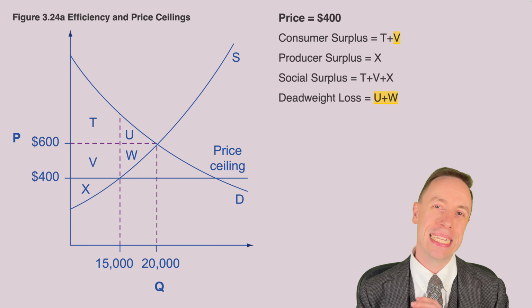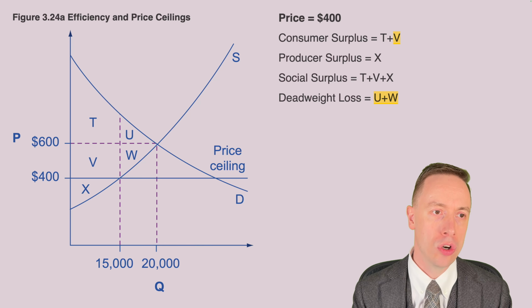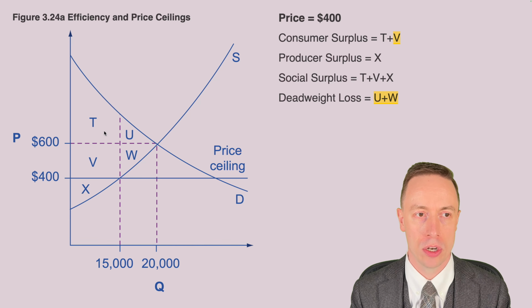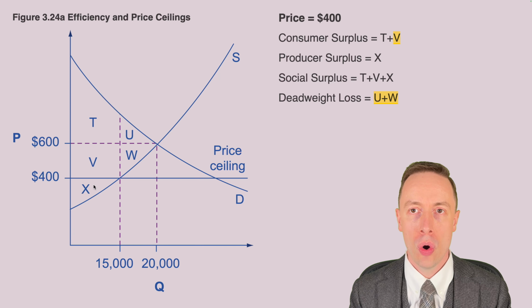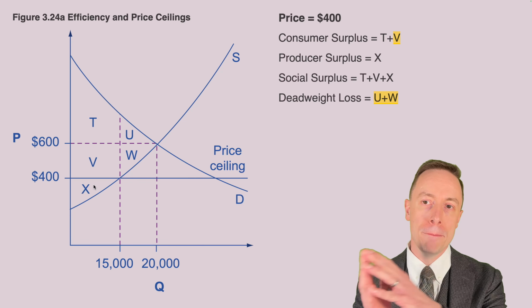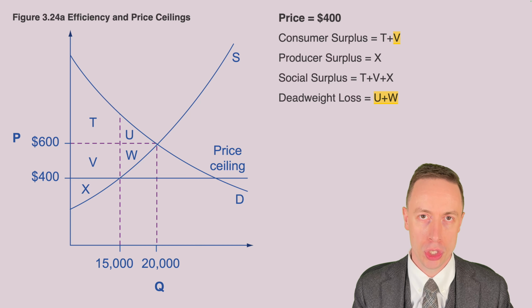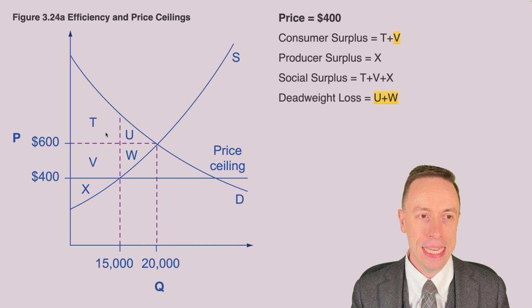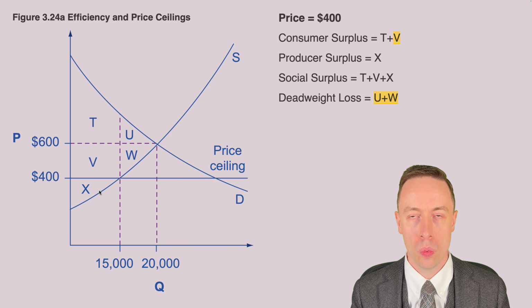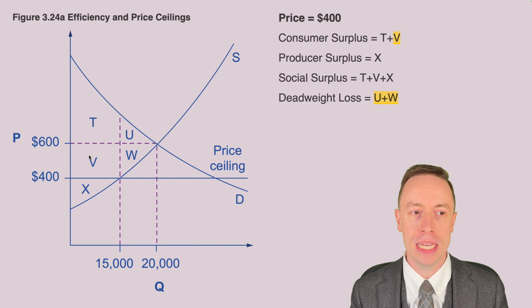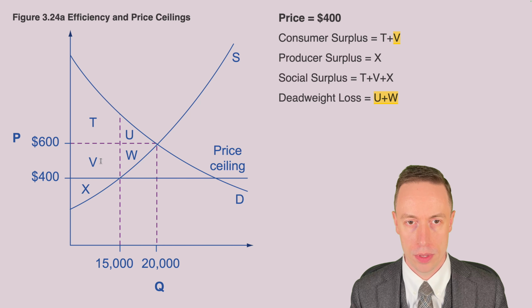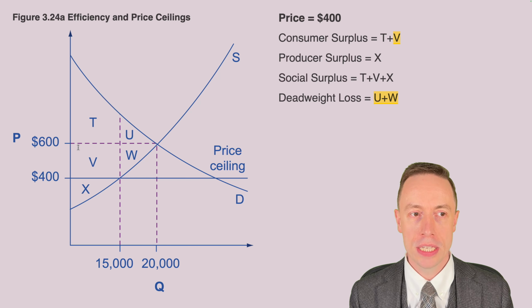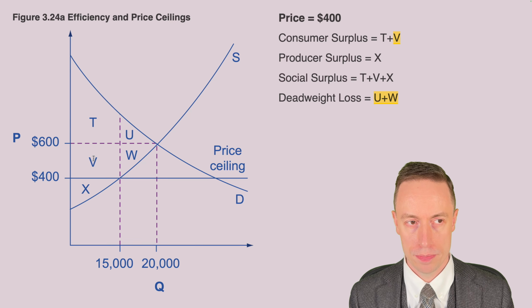Of course, in addition to that, with the social surplus that still occurs, TVX, we had some changes in the distribution there. T and X were part of consumer and producer surplus under both scenarios. But V changes hands. Without the price ceiling at $600, V is part of producer surplus.